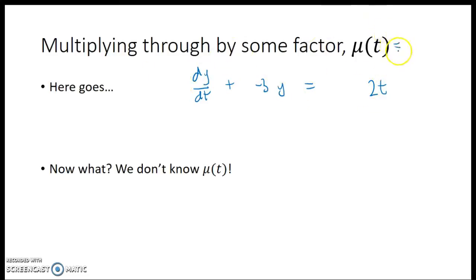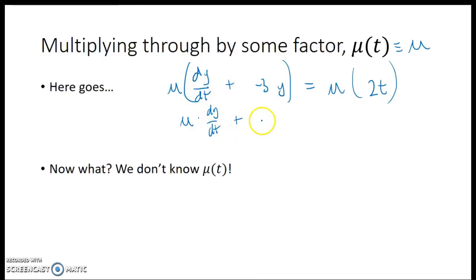I'm going to just write mu of t as mu. I'll keep in mind that it's a function of t. And when I multiply both sides by it, what I now have is mu times dy dt plus negative 3 mu times y is equal to 2 times mu times t.